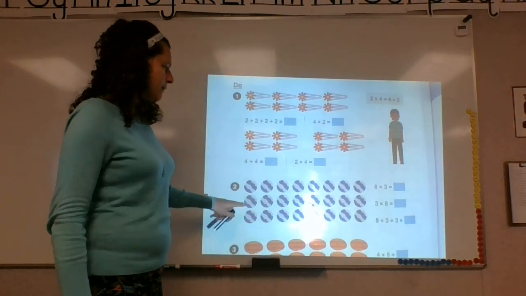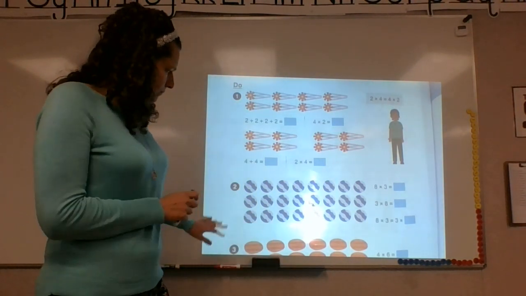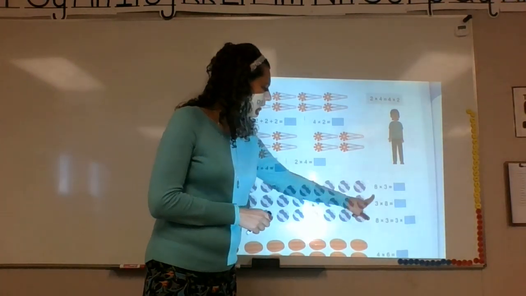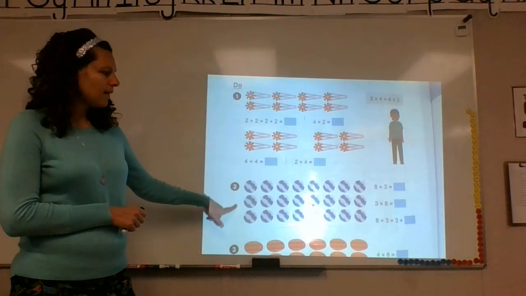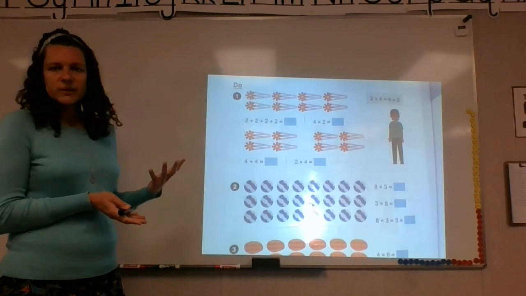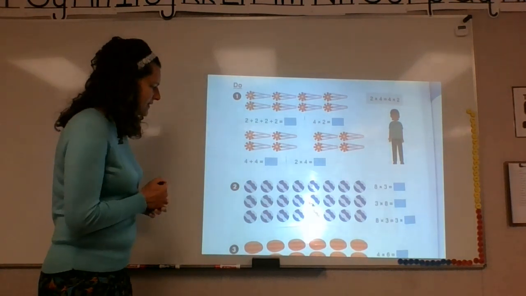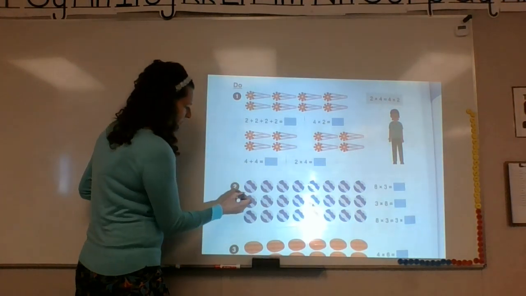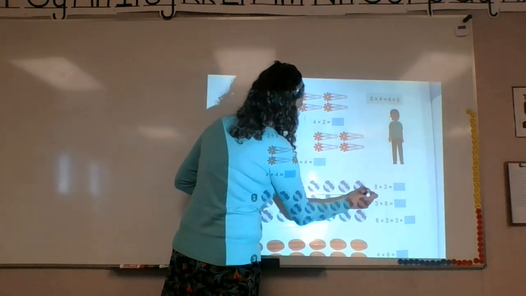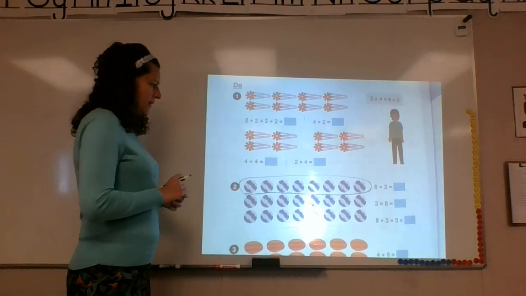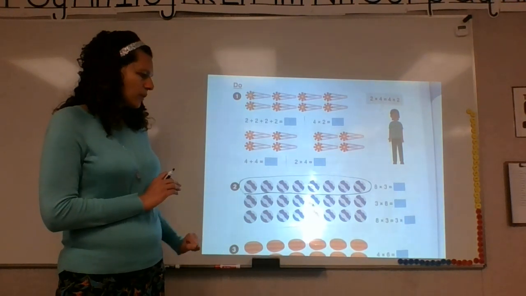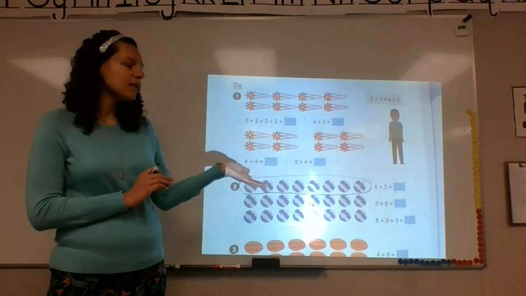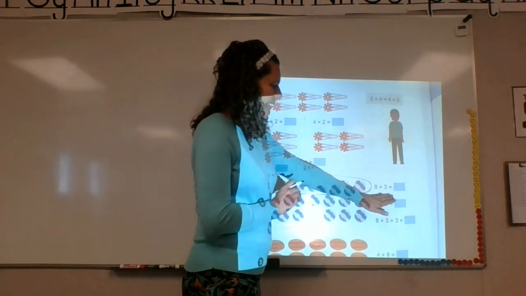Now let's look at number 2. We've got our marbles all laid out in a row, and there's 2 different ways we can look at it. We can say, hey, they're in groups of 8, right? This is one group. There's 8 in each group, and then we have 3 of those groups. So 8 plus 8 plus 8, or we would say 8 times 3.